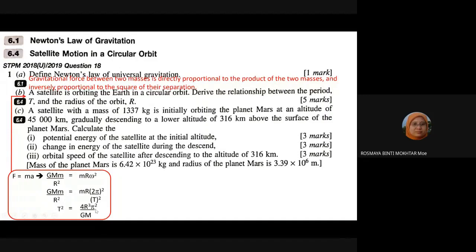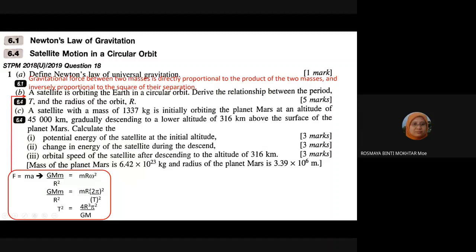So per GM. You must use the R given here, the radius of the orbit, capital letter R. I think this is a typing error in that book, it is supposed to be small letter r, but it's okay, we just follow. If the question gives capital letter R for the radius of the orbit, you use R. I just want you all to be careful: whatever symbol is given in the question, use that symbol.